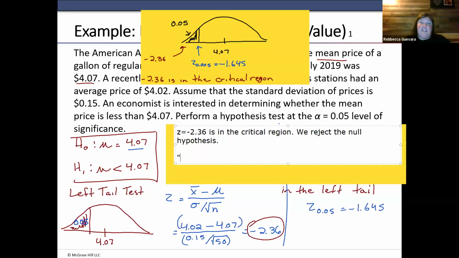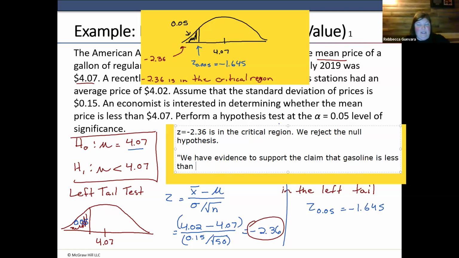So that means if we reject the null hypothesis, we have evidence to support the claim that gasoline is less than $4.07 per gallon.